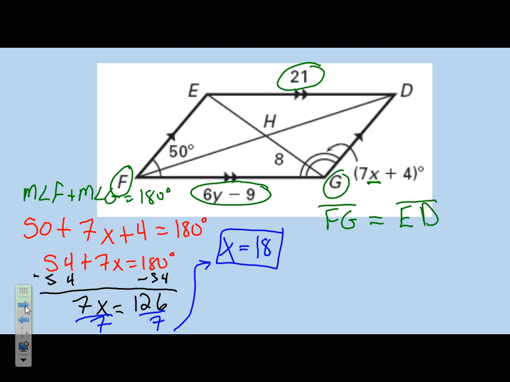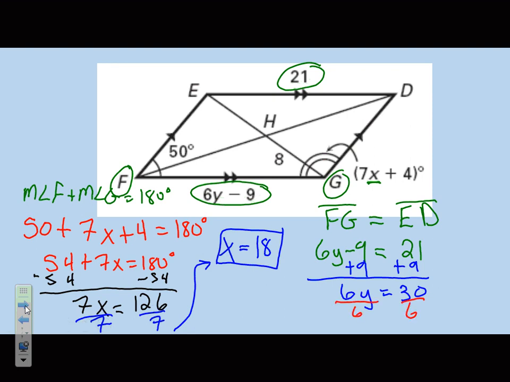So we'll plug in FG is 6y minus 9 equals ED is 21. Solve this, we're going to add 9 to both sides. 6y equals 30. Divide both sides by 6. And y equals 5. So now we've found x and y, so we're done.